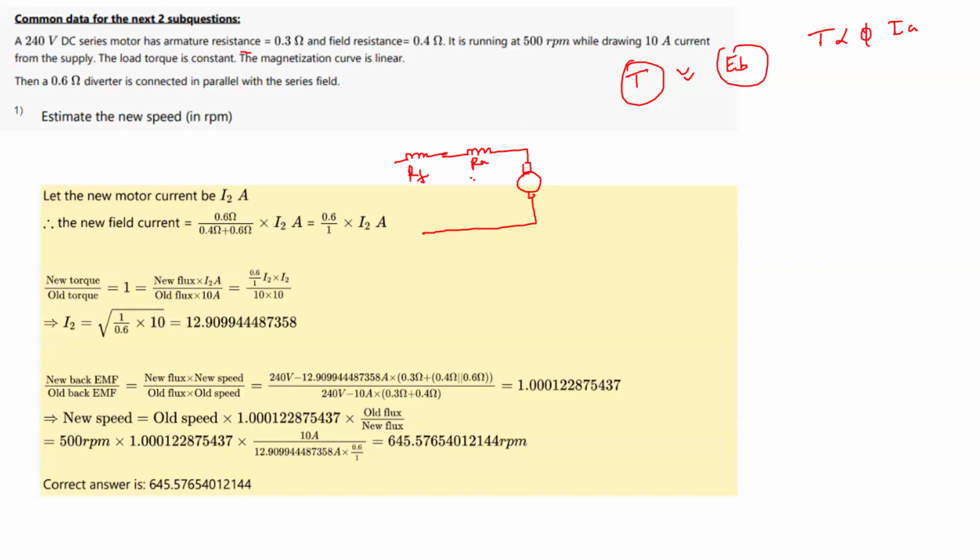The armature resistance is 0.3 and the field resistance is 0.4. The machine is drawing 10 ampere current. So this is one condition. Now the other condition is like this.